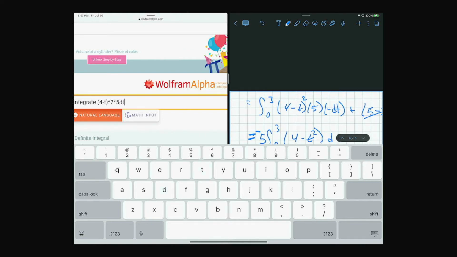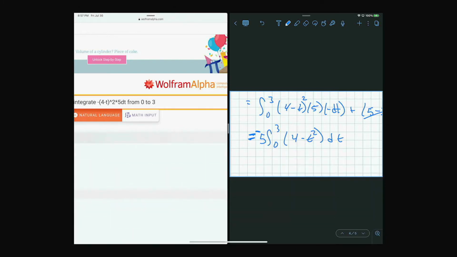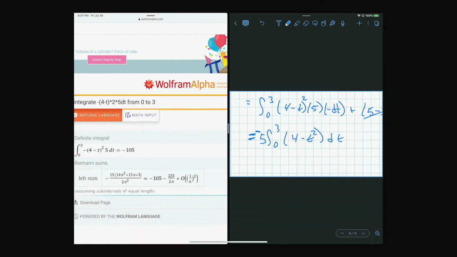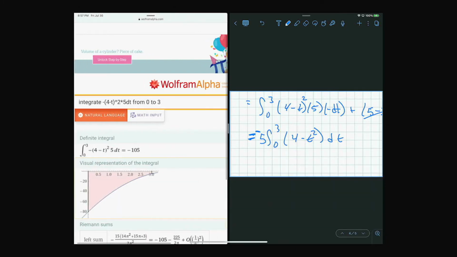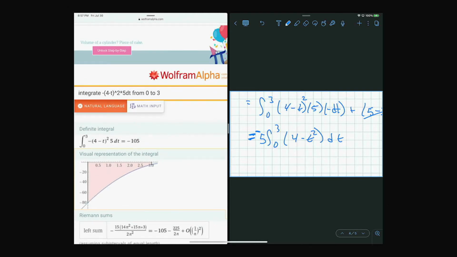Oh, that should actually be negative dt, so I'll put the negative out front. From 0 to 3. Negative 105.